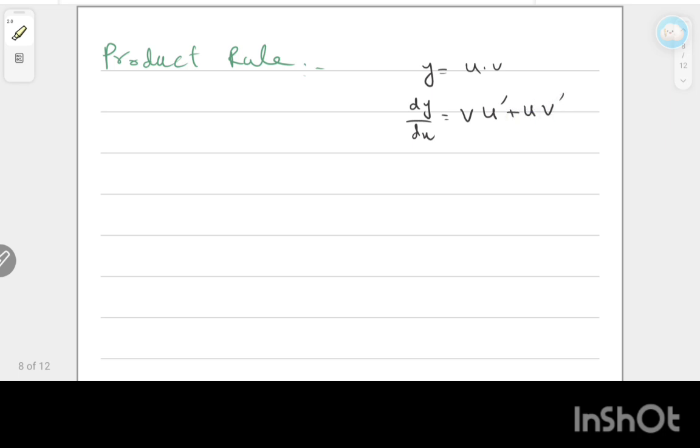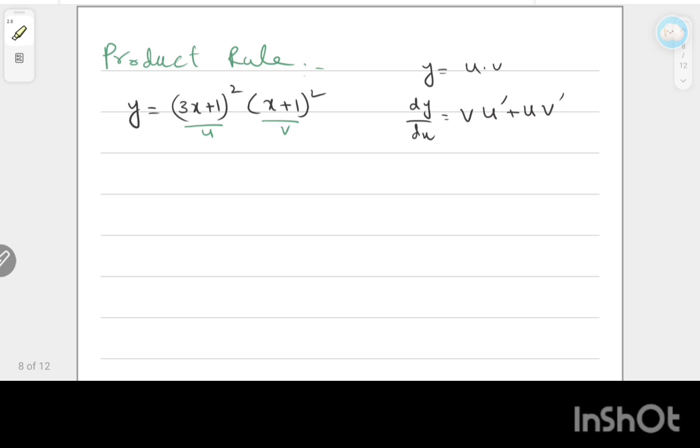Okay, we have a question: y equal to 3x plus 1 whole square, times x plus 1 whole square. How do we find it? Our first function we call u, and this is our second function, which we name v.